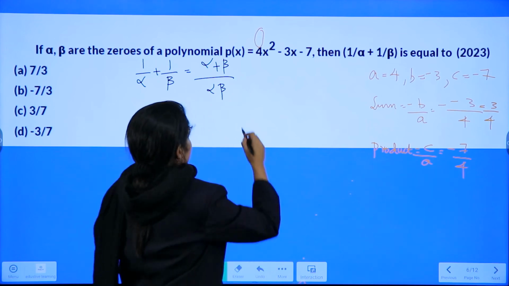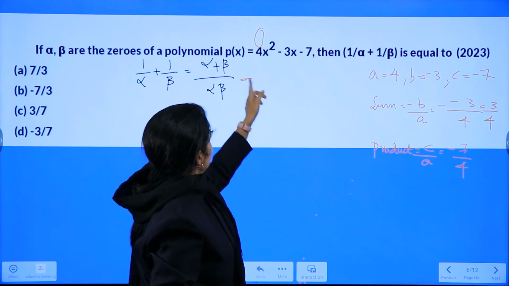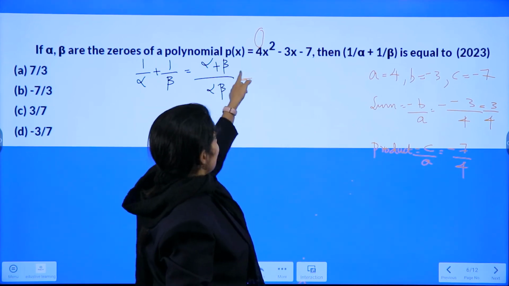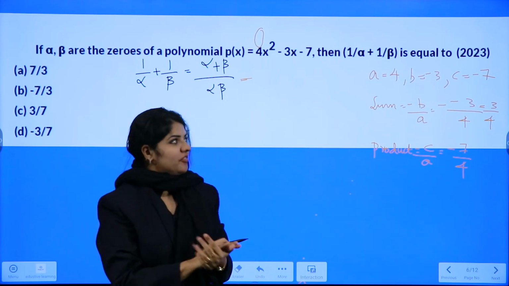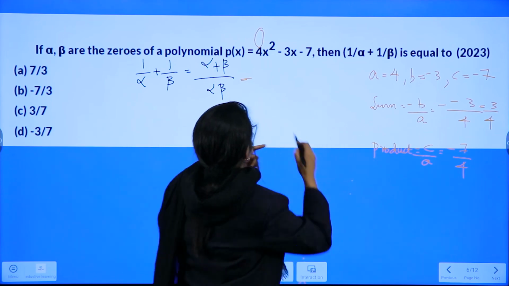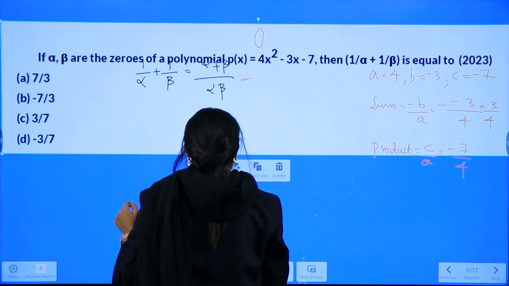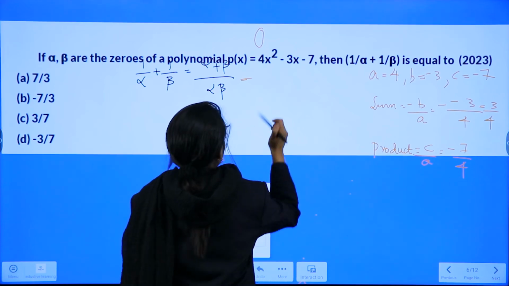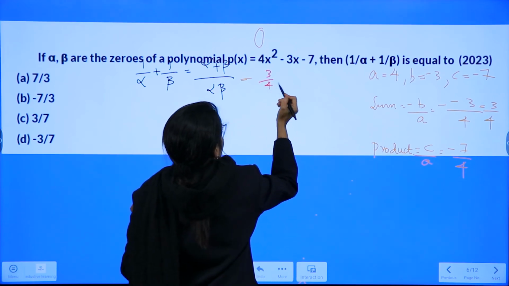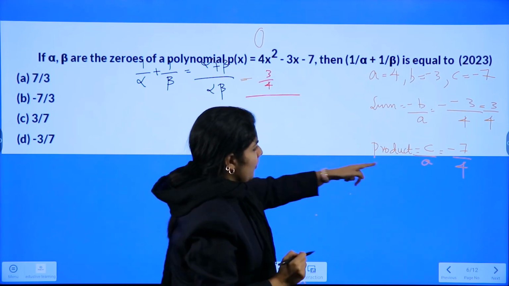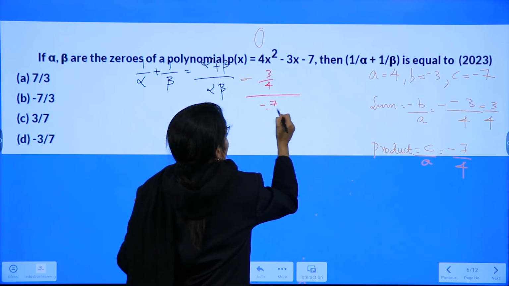Okay, we will be substituting here. So alpha plus beta means it is the sum of the zeros, which we get as 3 by 4, divided by the product, which is minus 7 by 4.